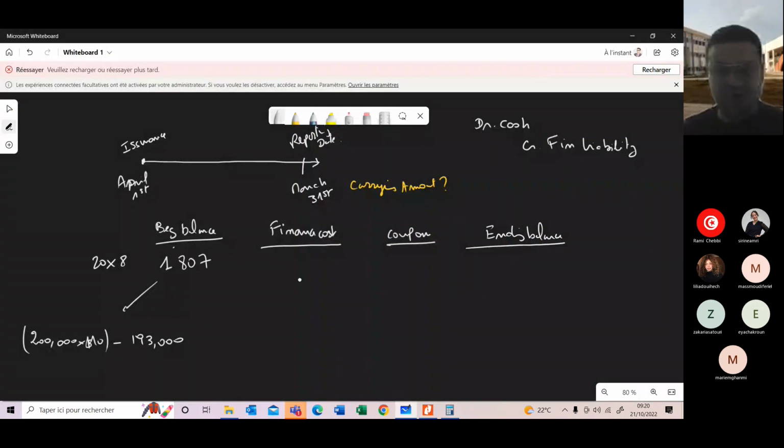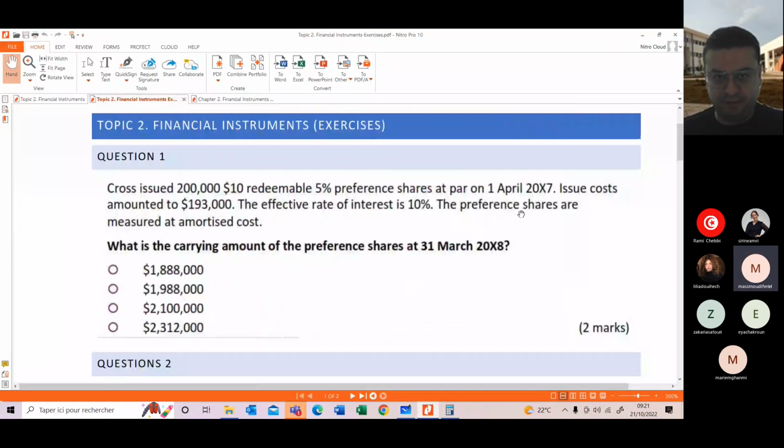Finance cost. How is the finance cost computed? Of course, you have to remember the effective interest rate. What is the effective interest rate in this example? It's 10%. And the coupon rate is 5%.